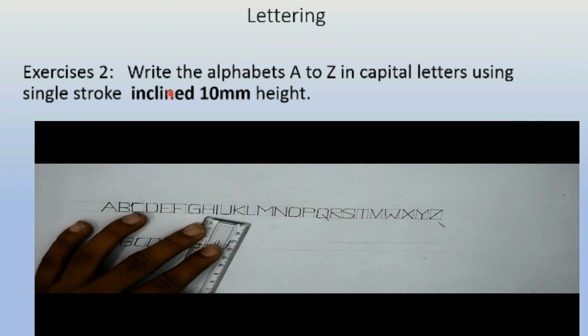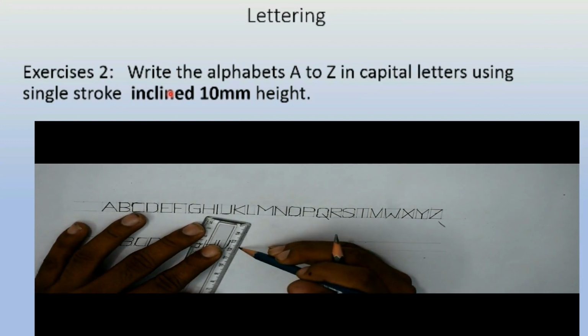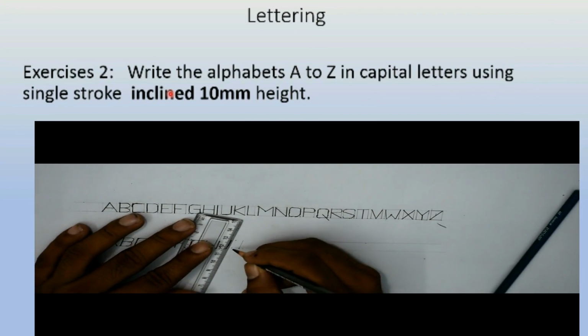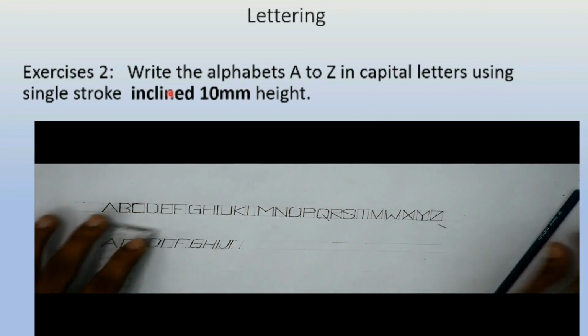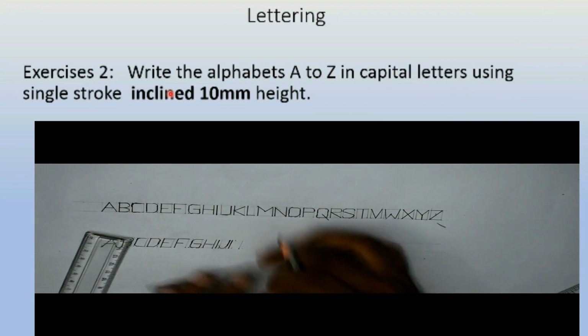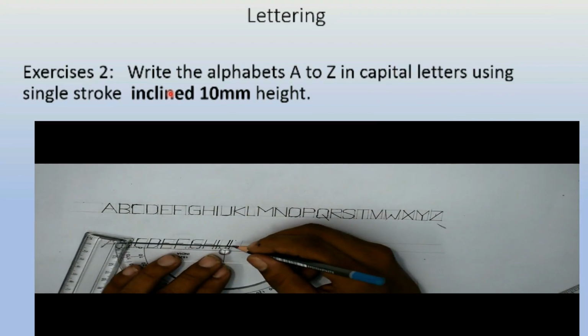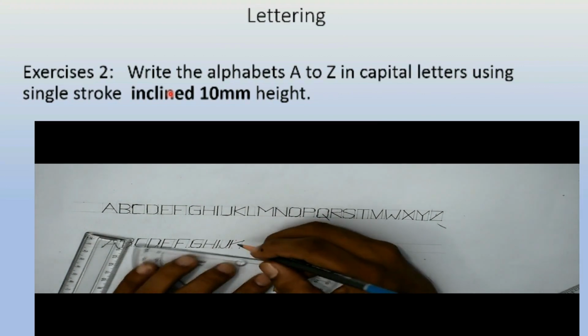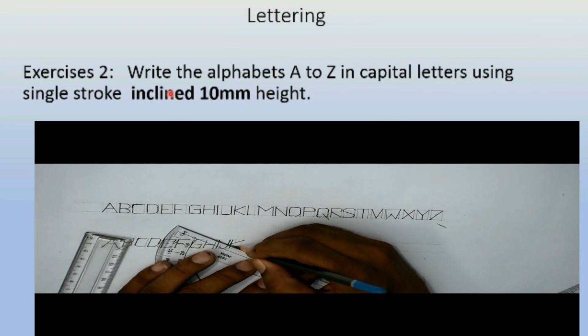So K should end here itself. This is the letter K.